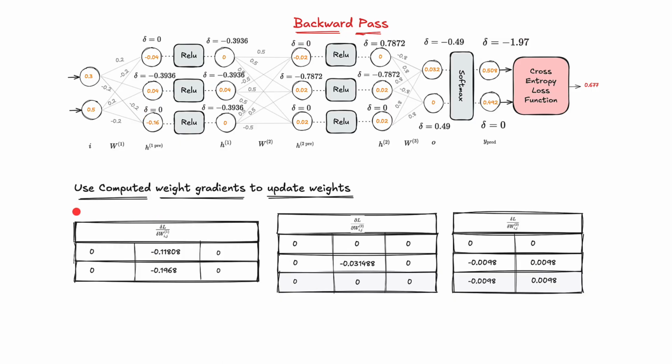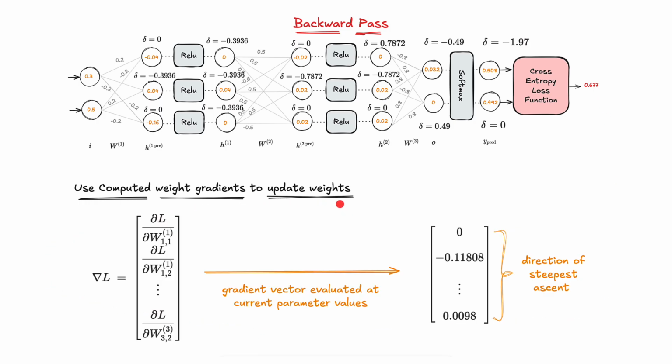And so what we have here are the gradient updates, or the weight updates, of how every single weight affects the loss. We've written it out in 3 tables, but in reality, like we mentioned before, this can be used to compute the gradient vector, which we have over here.